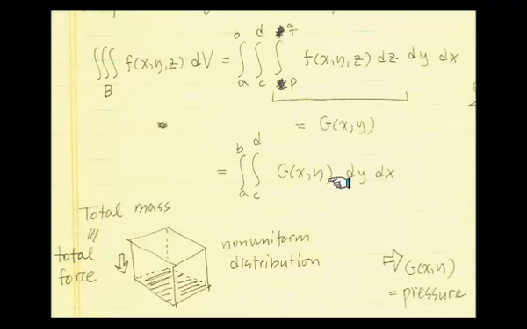So this being the total force doesn't necessarily imply that g of xy is exactly the pressure function that this gravity is creating. So I'm about to more carefully explain why this g of xy is a pressure.